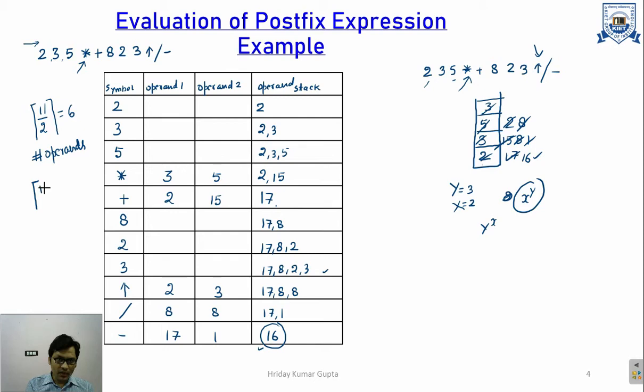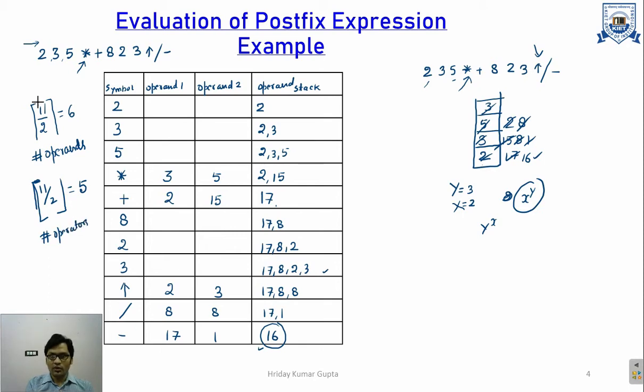And for the operators, the number of symbols is 11 divided by 2, and I am going to take the floor value. The floor value of 5.5 is equal to 5. Okay, so this is the number of operators.